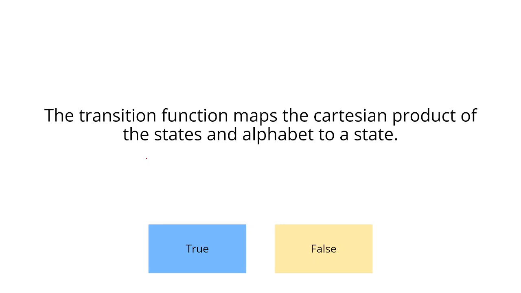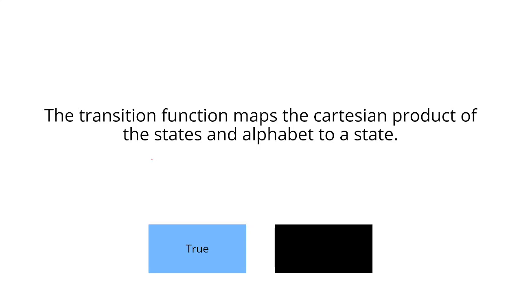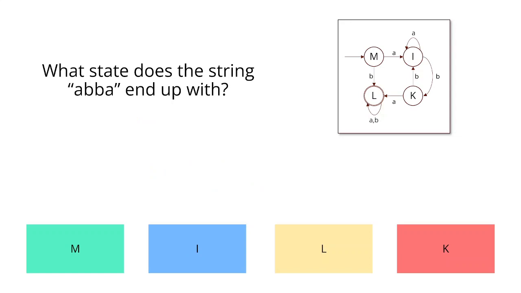True. Okay, true. Because again, ang transition function nato nga delta kay Q times sigma maps to Q. Okay? Cartesian product and then maps to a state.